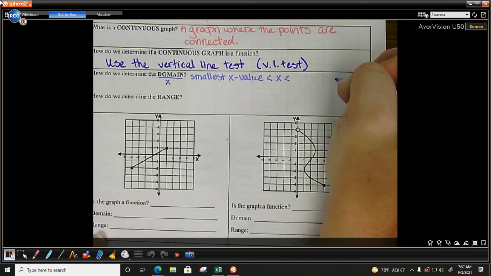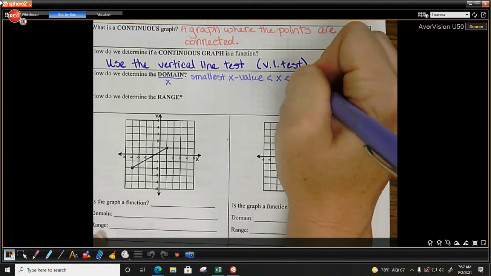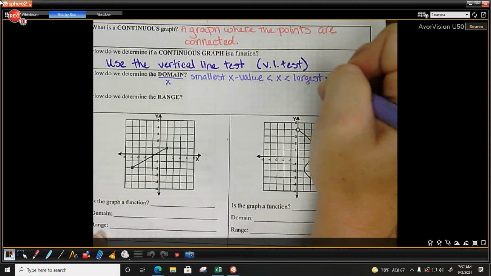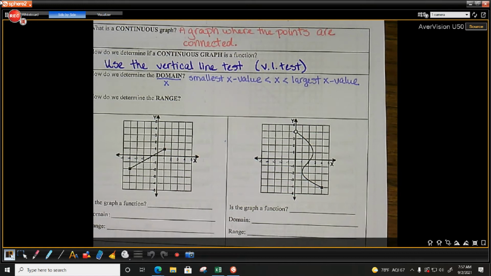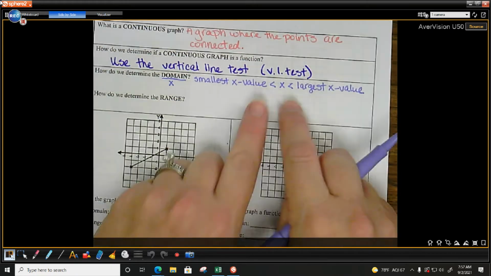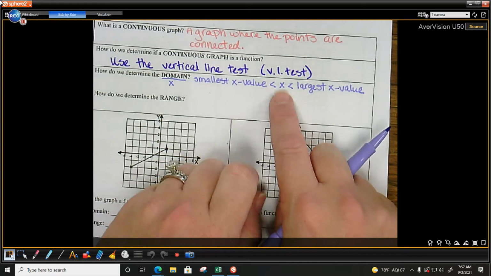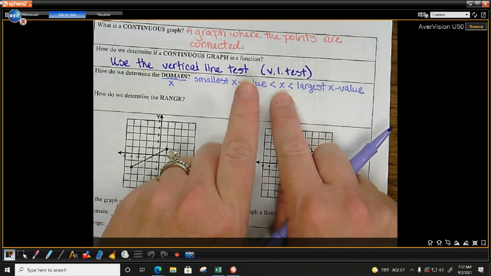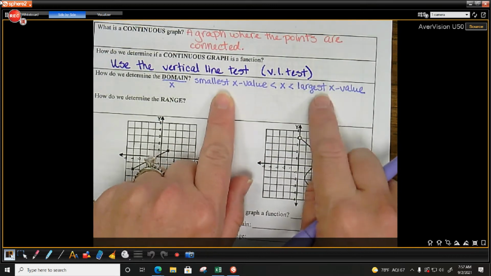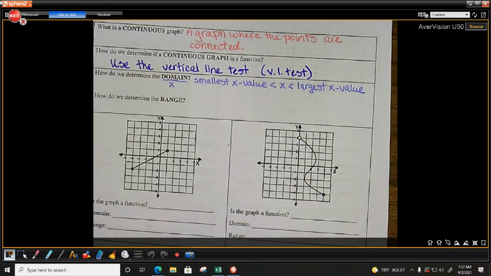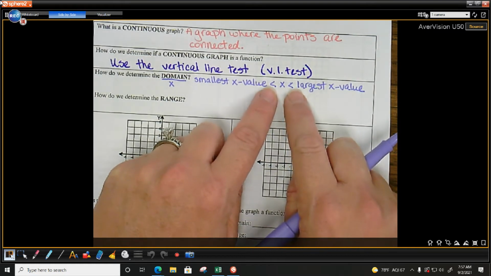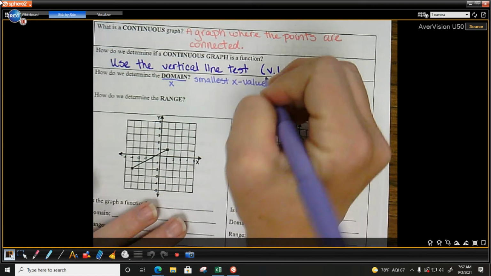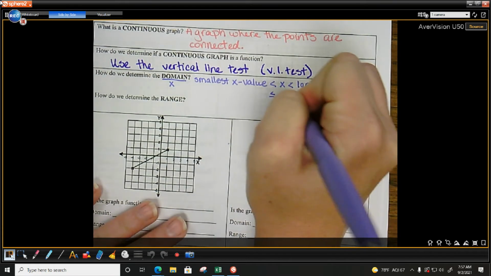So the largest x value. So again, we're still doing domain small to big. It's just now we're not listing it out. We're using these inequality signs because we're saying our domain is every value between the smallest value and the largest value. Okay? When we have these inequality signs, what can we sometimes have under them? The equal to. So they're going to be less than or less than or equal to symbols.